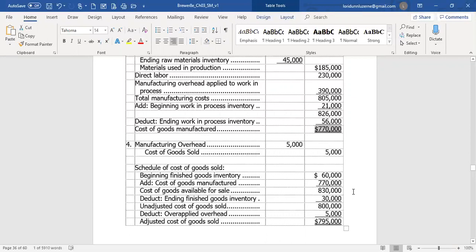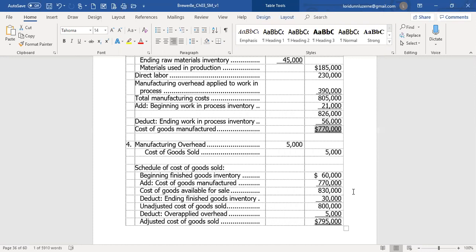The next thing they ask us to do is just prepare the part of the income statement related to cost of goods sold. Now, cost of goods sold, we always start with beginning finished goods inventory, because that's what it relates to. So where did we start? How much were the cost of all the goods we could have sold, but we still had at the beginning of the period? And they give us that number of 60,000 on page 131.